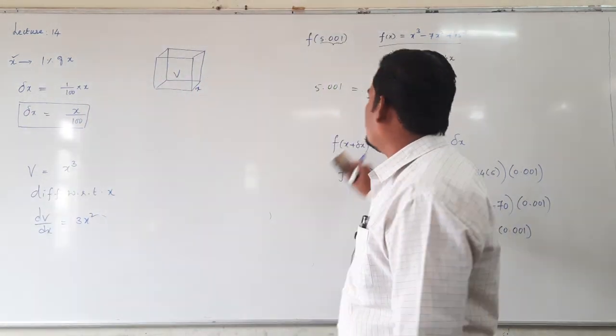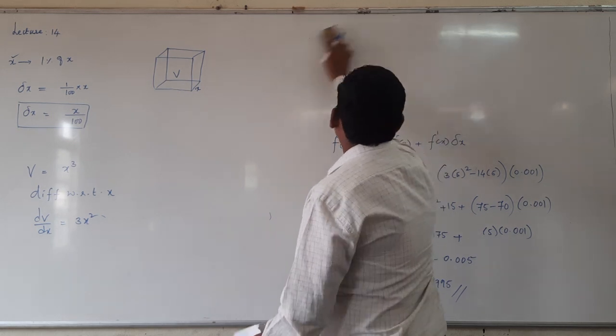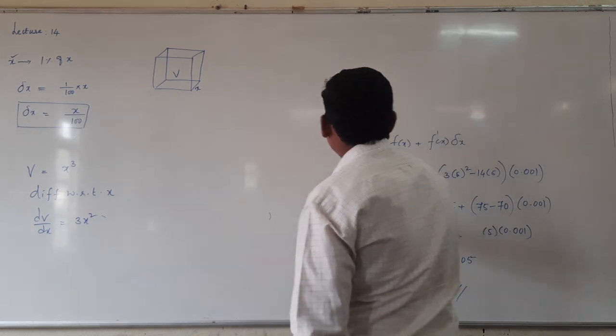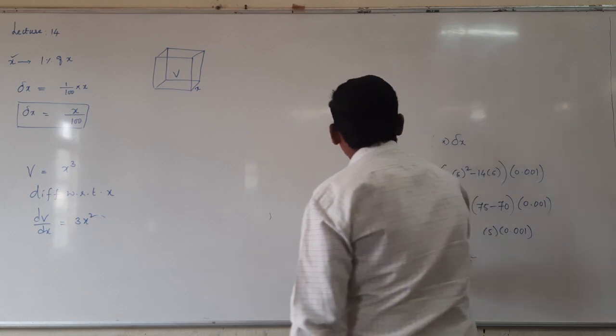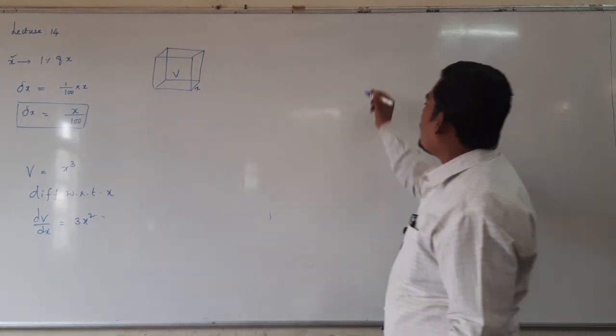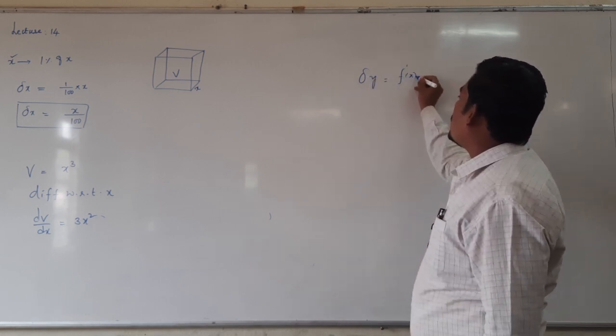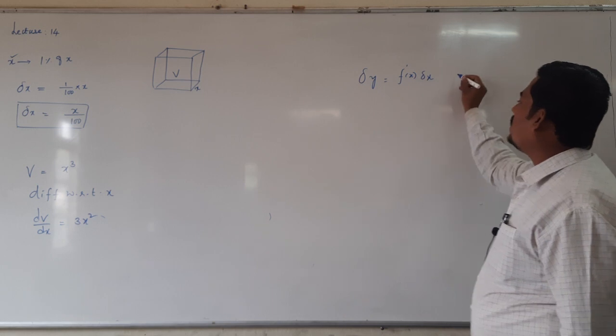Then we have one more formula. What is the delta y formula? Change in y is equal to, whenever change in x is given, delta y is equal to f dash x into delta x. It is one of the formulas.